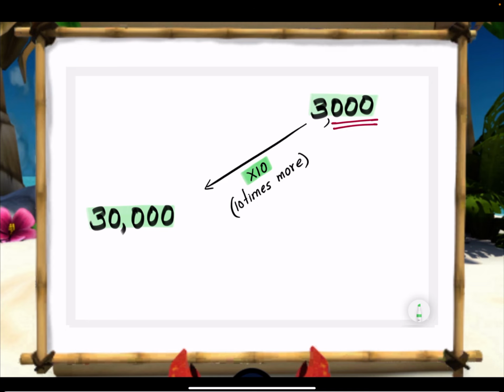After multiplying with the number 10, the answer that you get is 30,000, and the 30,000 has 4 zeros in it. This is true for any number that you multiply with 10. The number of zeros will increase by 1. That means, in this case, 3 zeros in 3,000 became 4 zeros in 30,000 when you multiplied with the number 10.